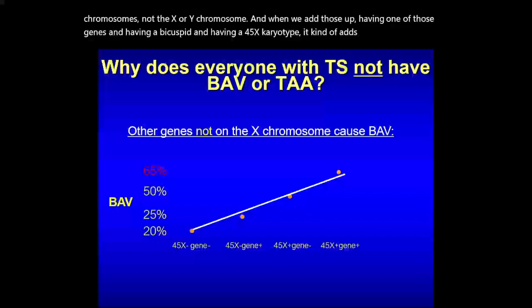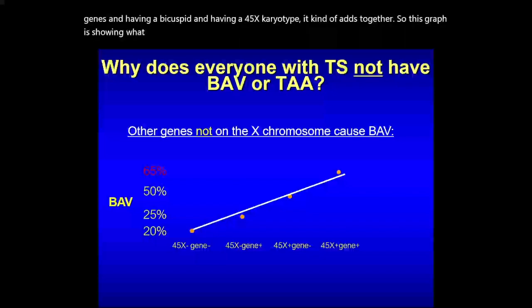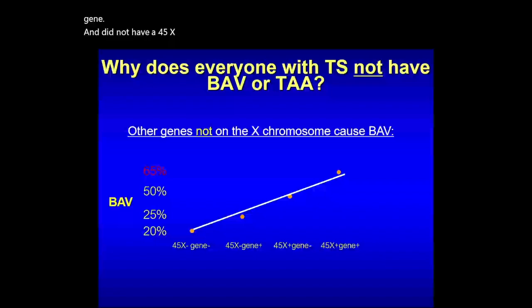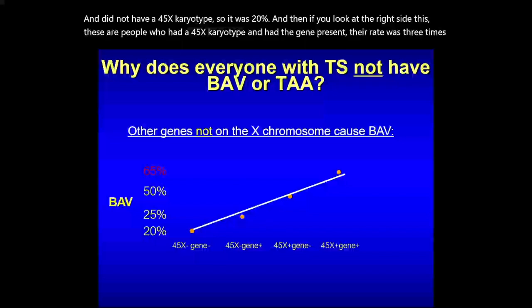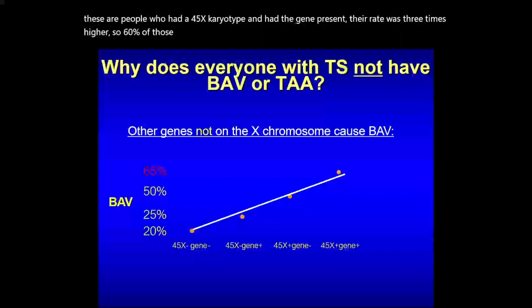So this graph is showing what the rate of BAV was in someone who did not have a gene and did not have a 45X karyotype. So it was 20%. And then if you look at the right side, these are people who had a 45X karyotype and had the gene present. Their rate was 3 times higher. So 60% of those people had a bicuspid valve.